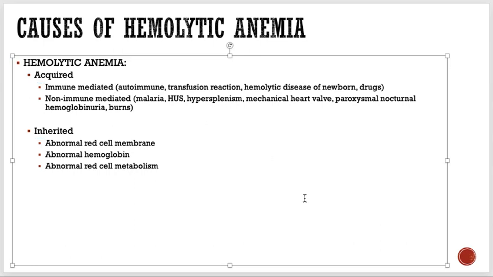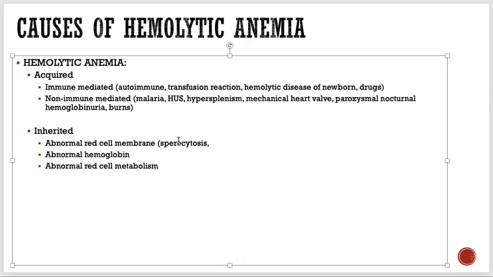And if we go on to abnormal red cell membrane, there is an anemia called spherocytosis. Normally the RBC shape is biconcave, right?